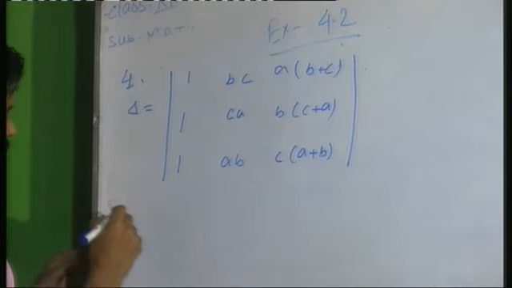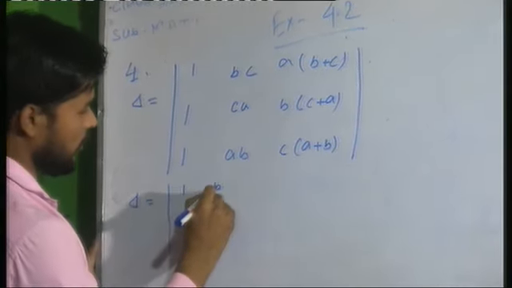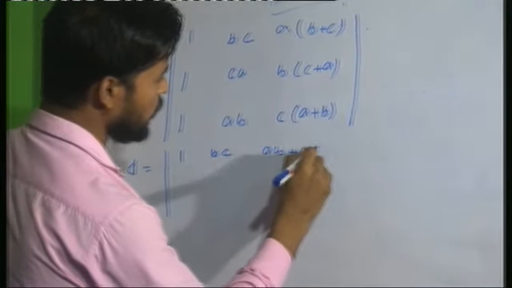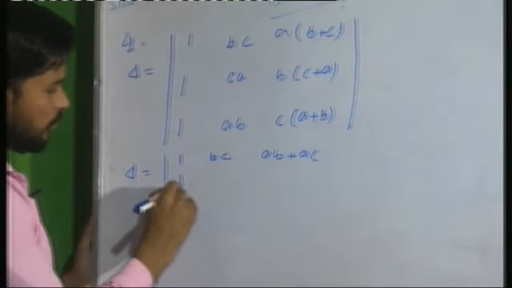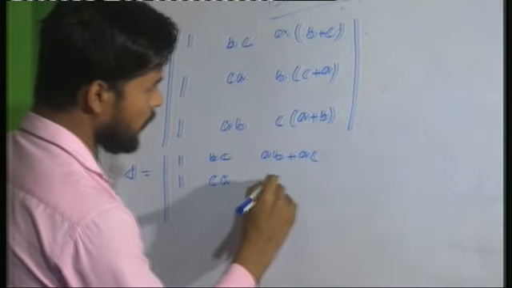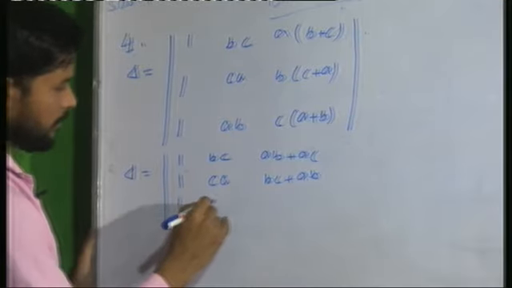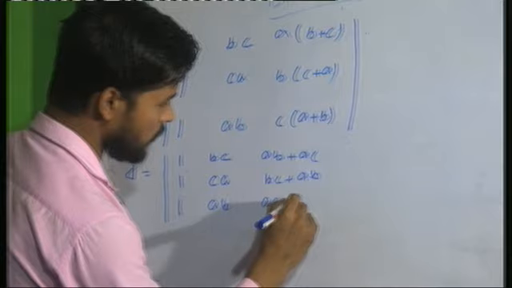That means delta is equal to 1, bc, and if I remove the bracket, ab plus ac. The second row will be 1, ca, and bc plus ab, and the third row will be 1, ab, and ac plus bc.